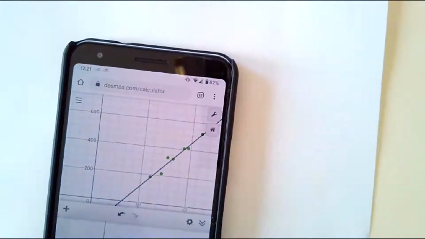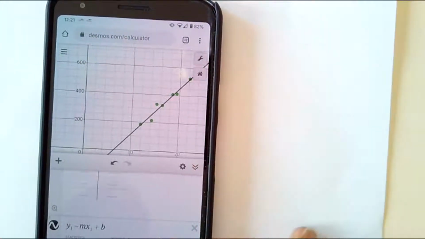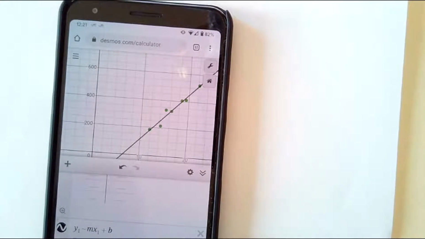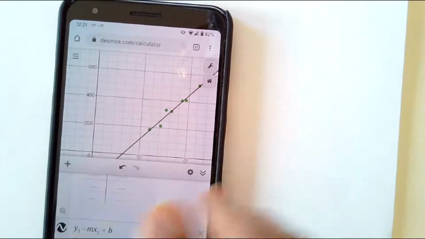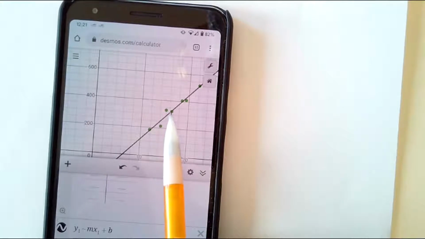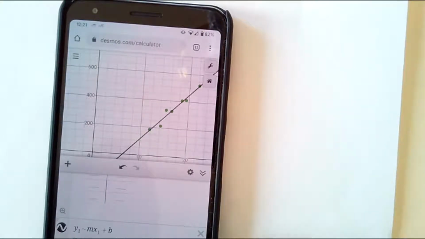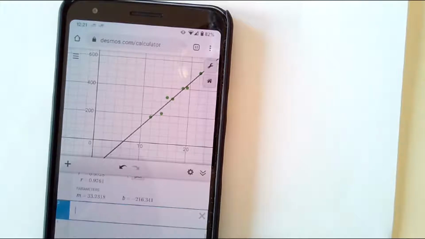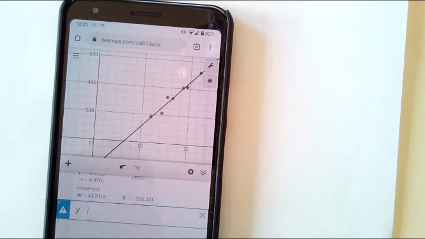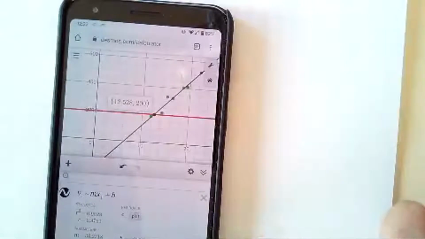So one last thing before I go. Now remember Desmos, I didn't show you how to use Desmos to find the intersecting point. I'll show you that now. If you want to find the intersecting point in Desmos, let's look at this example here. Go back to Desmos. If I want to find where these 2 lines intersect, I have to go down to another equation here, say y equals, let's say, 100.